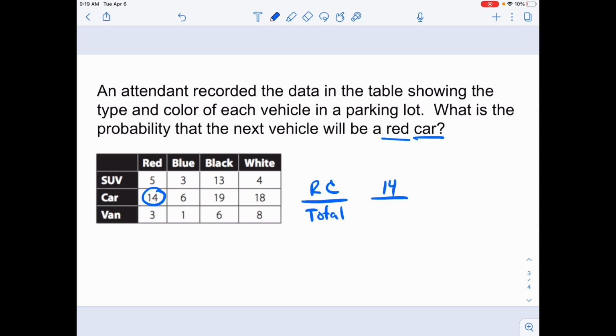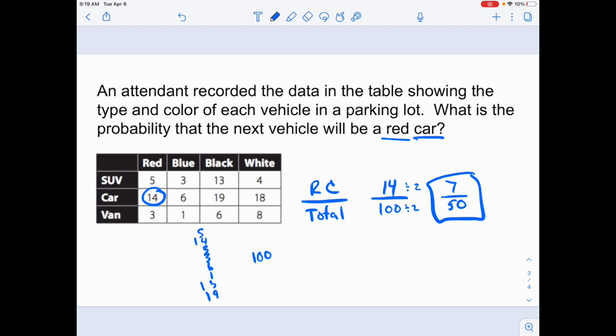If I add up all of these numbers, every number, we end up with a total of 100. So we get 14 out of 100. If we simplify, the probability of getting a red car for the next one is 7 out of 50, or 14%.